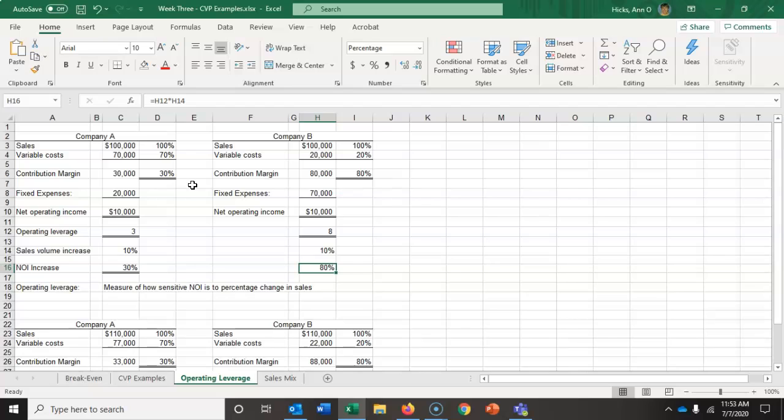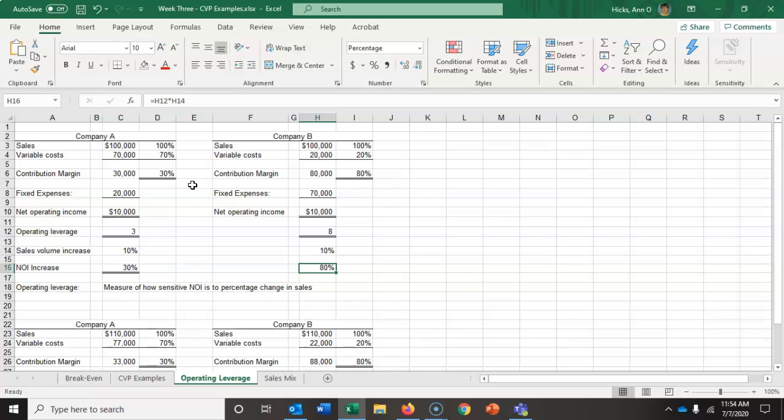Let's all go fixed expenses. But be careful, because that same phenomenon will occur if there is a decline in sales volume. So by the same token, if sales volume decreased by 10%, Company A's NOI will only decrease by 30% because they're predominantly variable costs, and those costs will go down at the same rate as the sales.